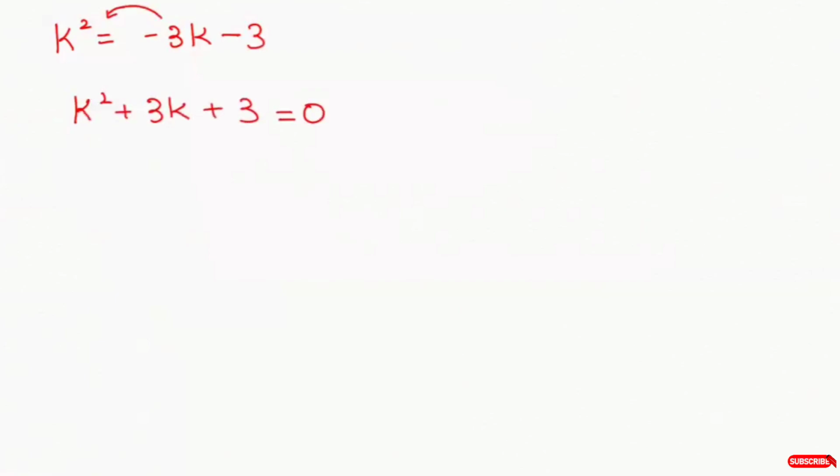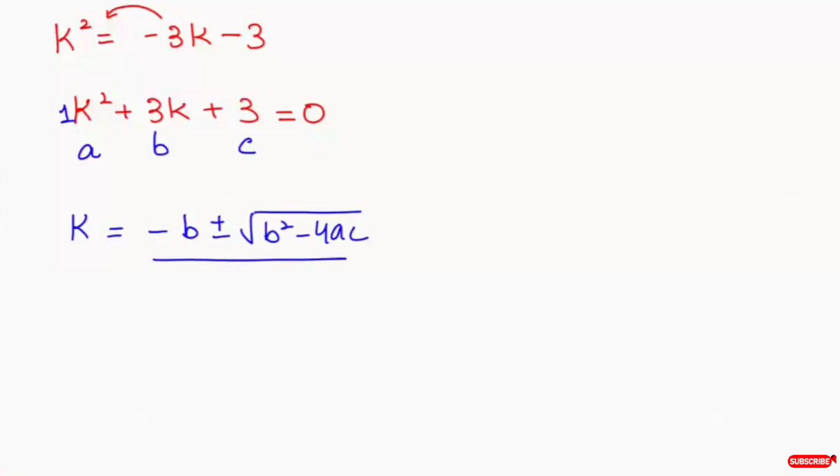Now here we get the quadratic equation. So I'm going to find the value of k by using the quadratic formula. For that, our coefficient a is 1, b is 3, and c is 3. The formula we have is k is equal to minus b plus minus root of b square minus 4ac over 2a.